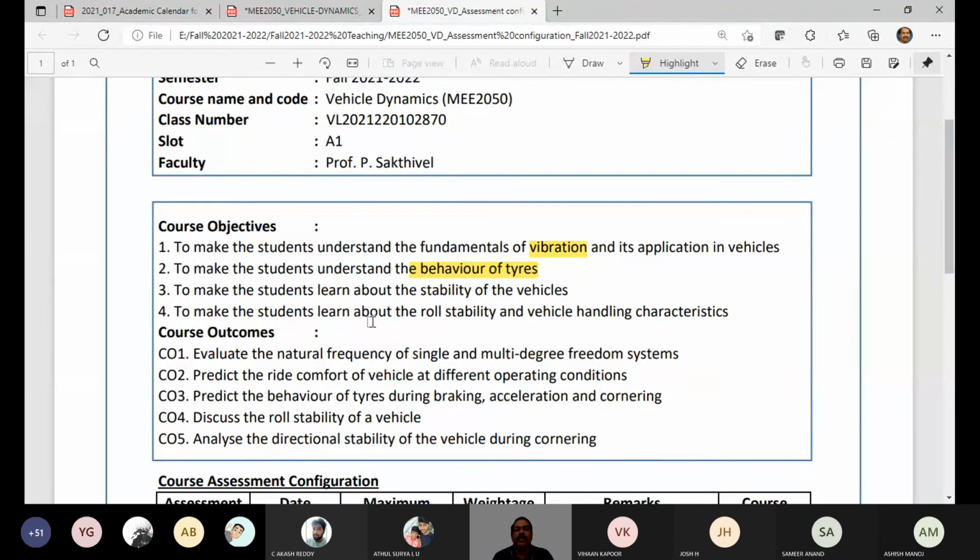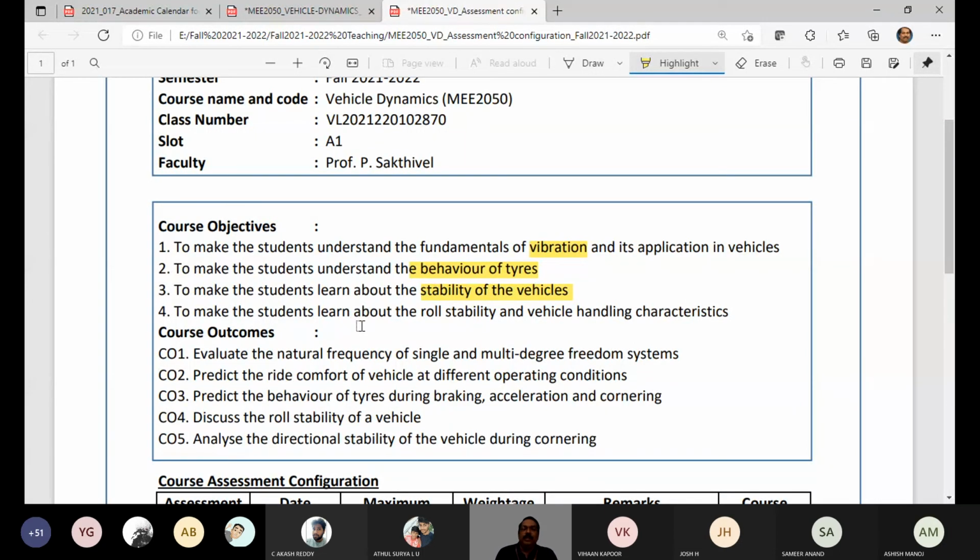And when you have your vehicle motion, the motion should be safe enough. Motion won't be safe when it goes out of its equilibrium of steady motion. That's what we call the stability of the vehicle. So we have an objective to understand vehicle stability, right?